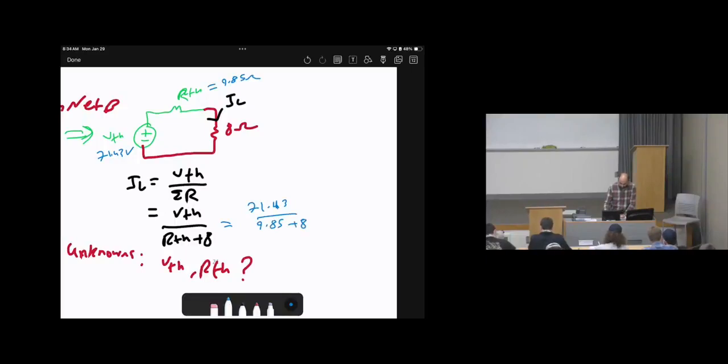So the current will be 7.1. No, not 7, I'm sorry. What will the current be? I think it will be 4 amperes. So this is IL, the load current. Now we also need to find the voltage.